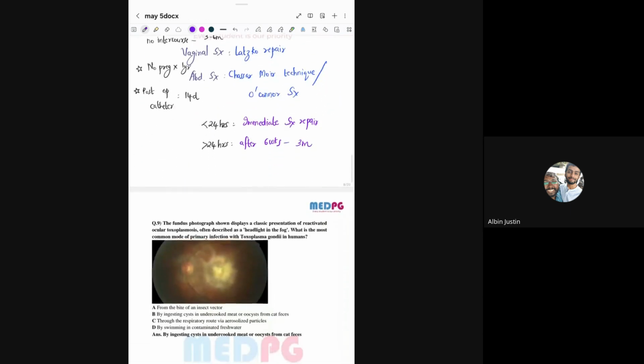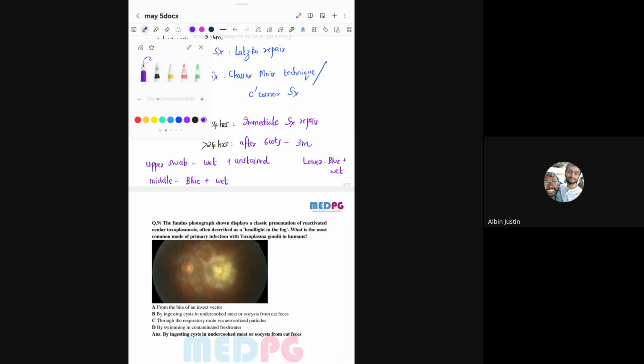Okay. Now, how do you identify it? If the upper swab is wet plus unstained, if the middle swab is blue plus wet, if the lower swab is blue plus wet. If the upper swab is wet plus unstained, it is a ureterovaginal fistula. If the middle swab is blue plus wet, it is a vesicovaginal fistula.